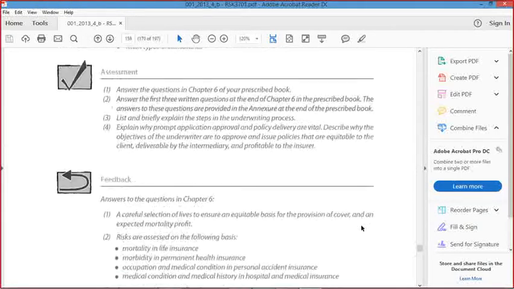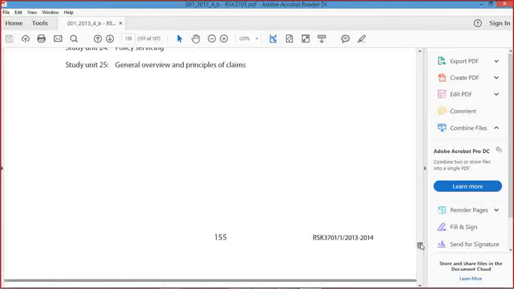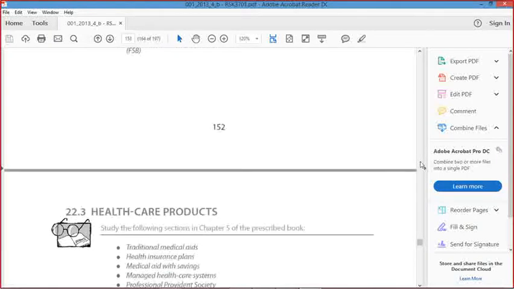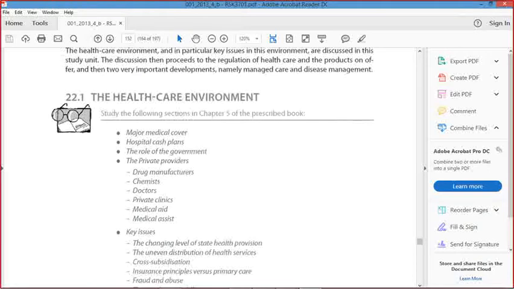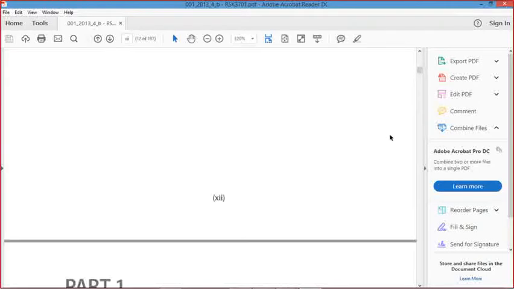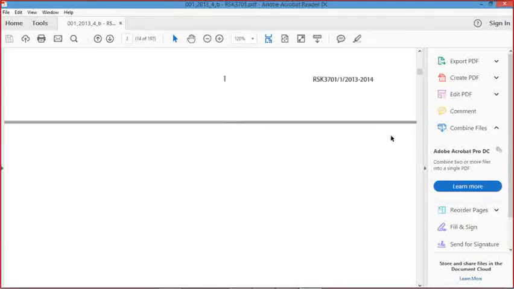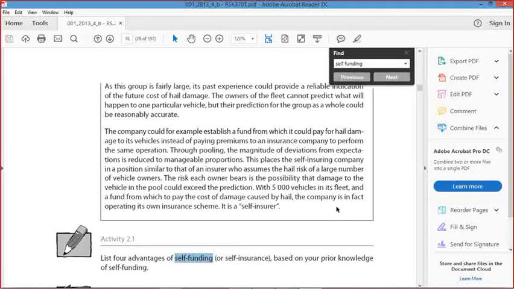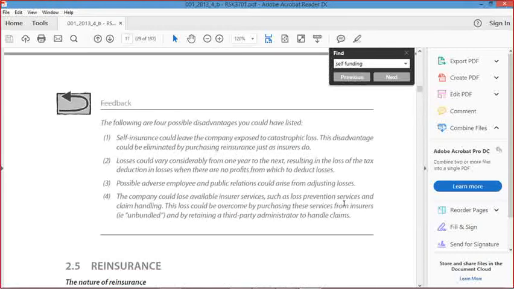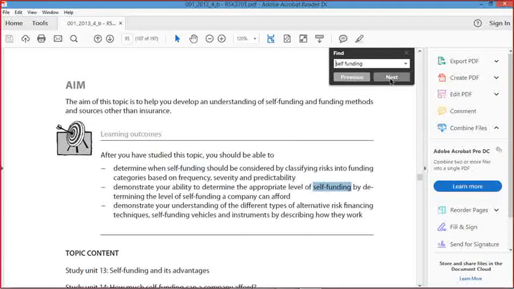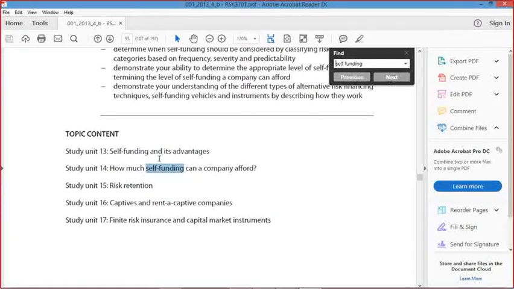Alright, where's the self-funding bits? There it is.